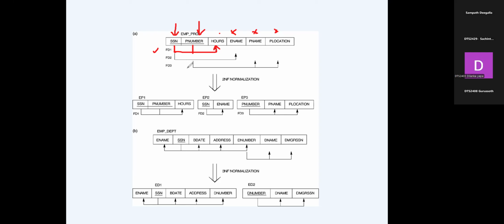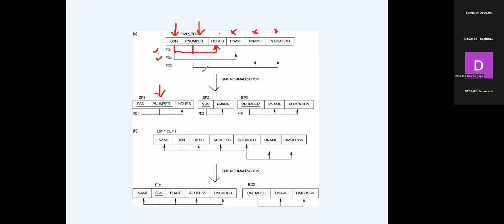Okay, we need to break these three. Functional dependency 1, we break it. So we take both social security number and project number, and then the number of hours a particular employee works for the project. The second functional dependency, we break it.